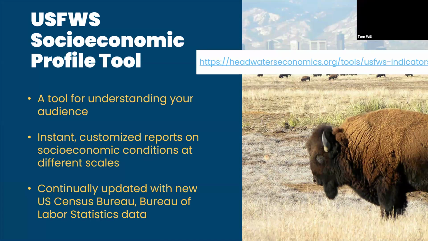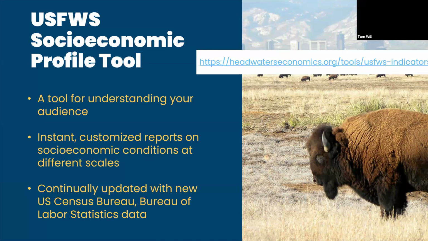So this is a tool to get information to help you understand the community context in which you work. It's free, it's publicly available, and it produces instant and customizable reports for socioeconomic conditions across the United States, and currently is only available within the United States. It's continually updated with new information as it becomes available from bureaus like the Census Bureau or the Bureau of Labor Statistics.